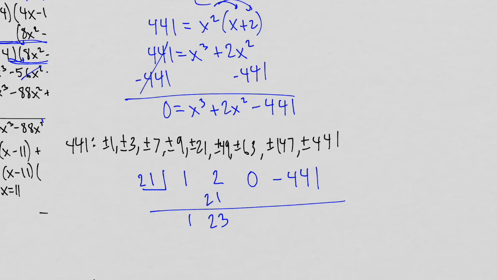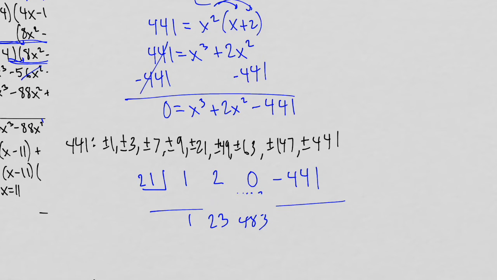So it is a big number, but I don't think it's going to work here. Maybe we went too big. 21 times 23, 483. And that is way too big, right? So yeah, I think we went too big.